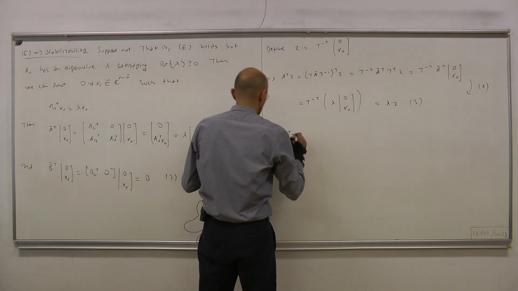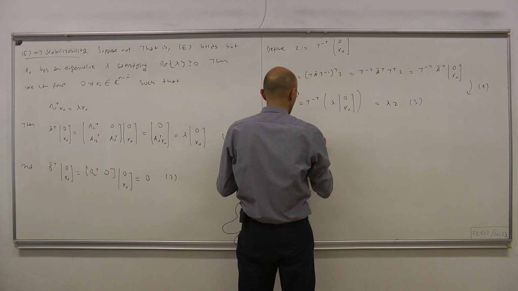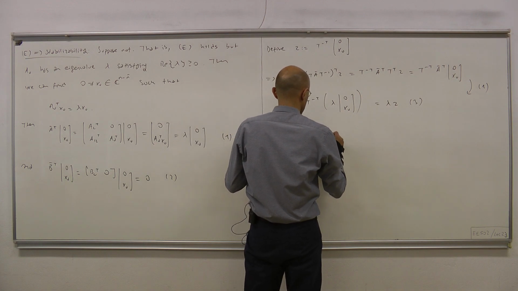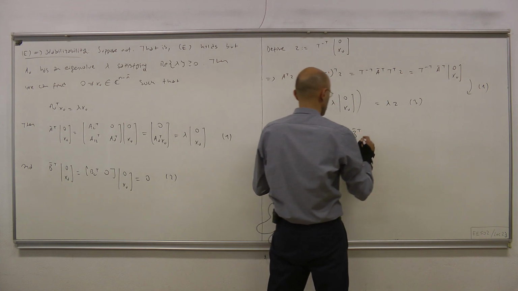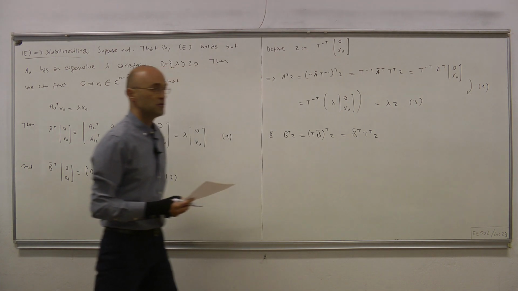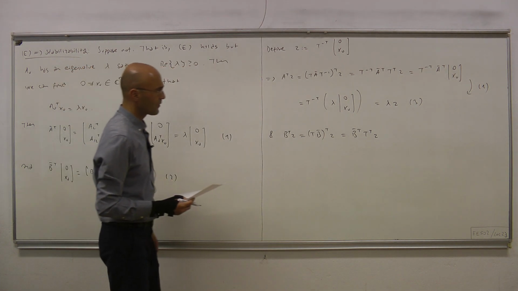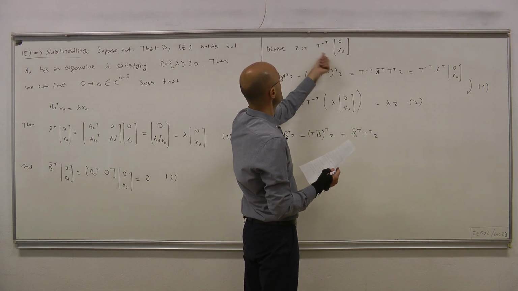Furthermore, B transpose Z equals T B bar transpose times Z. That's B bar transpose times T transpose times Z. Okay, and T transpose Z is [0; XU].